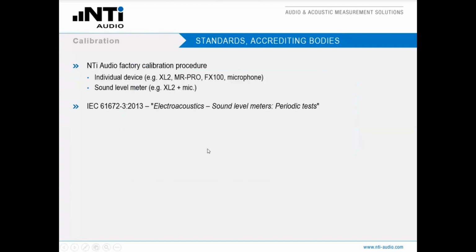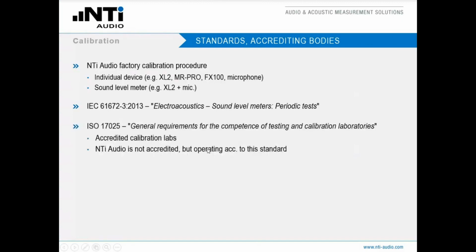And the next higher level would be the IEC 61672. This is an international standard for electroacoustics sound level meters periodic tests. So we as NTI Audio can also execute a calibration according to this procedure. This is an internationally valid standard.